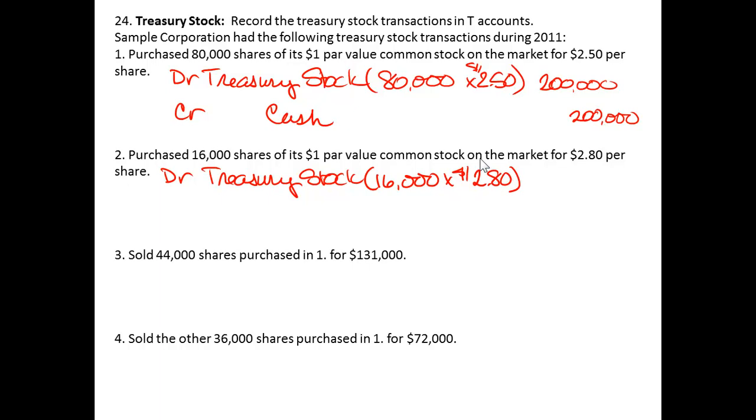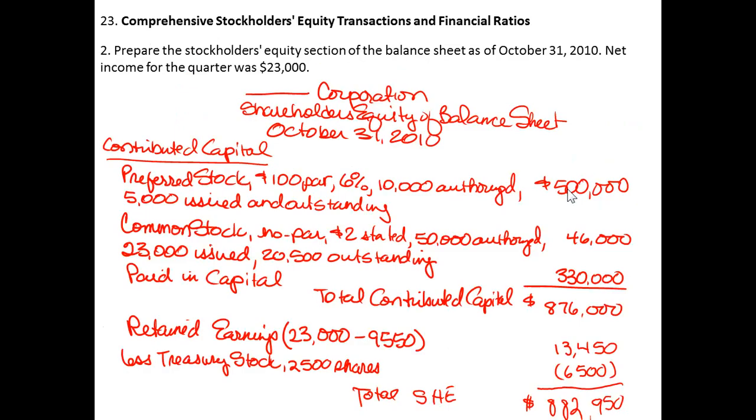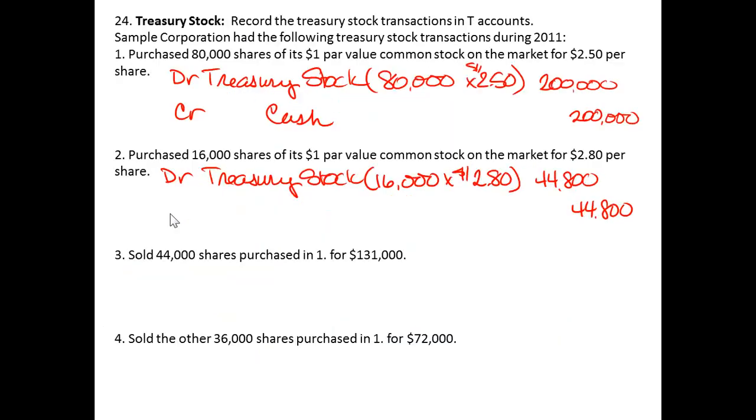So 16,000 shares times 2.80 is $44,800. And what was that credit? Oh, you got it, cash. So credit cash for the $44,800.